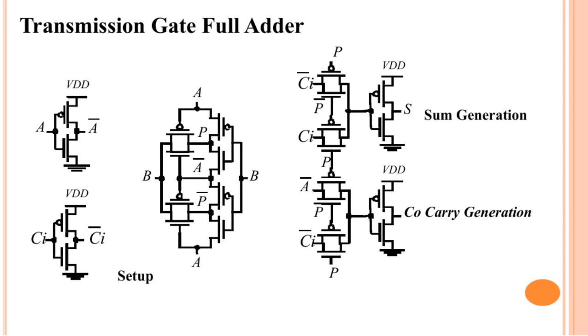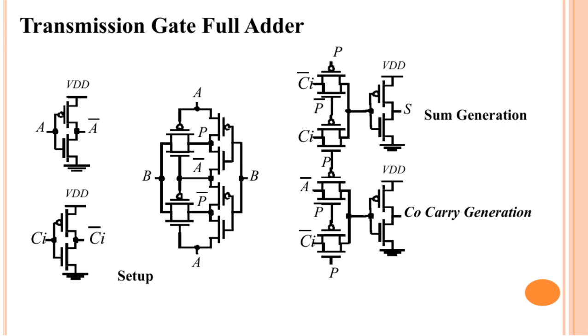The main inputs are A, B, and CI, which is the carry-in. These inputs go through transmission gates controlled by signals, such as P and VDD, to generate the sum and carry outputs. The sum generation and carry generation sections are clearly separated, highlighting how the carry-out, CO, is formed independently from the sum, S. The use of transmission gates helps reduce transistor count and power consumption, making this design efficient.